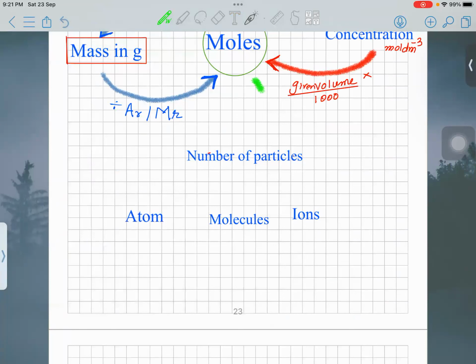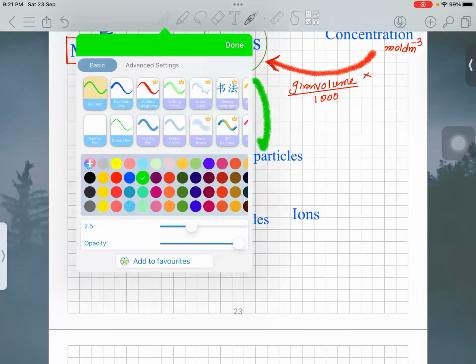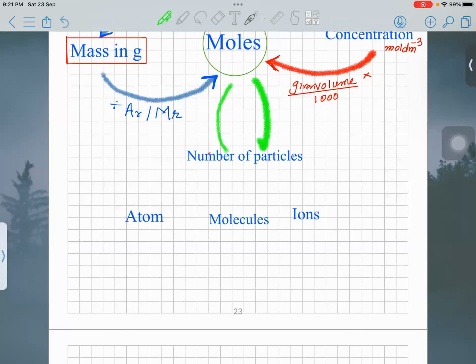So you can easily convert: when you multiply moles by 6 into 10 to the power 23, this is called Avogadro number. We will discuss later. You will get the number of particles.